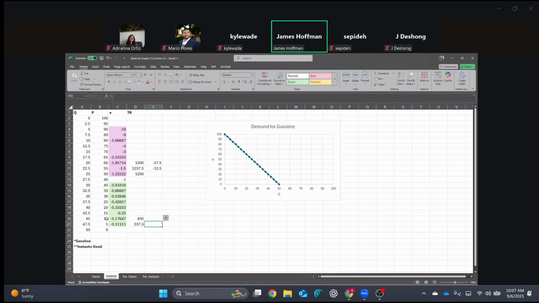So the change in revenue, you can see the change is going from 237 to 450. We got another $200. Let's say we increase it again. What happens? You get another $187.